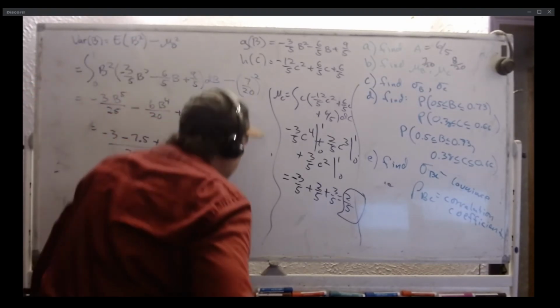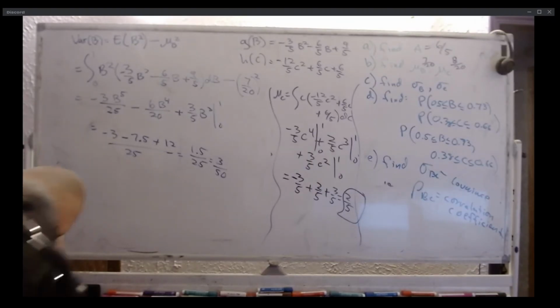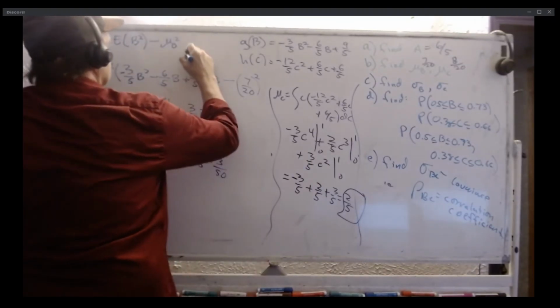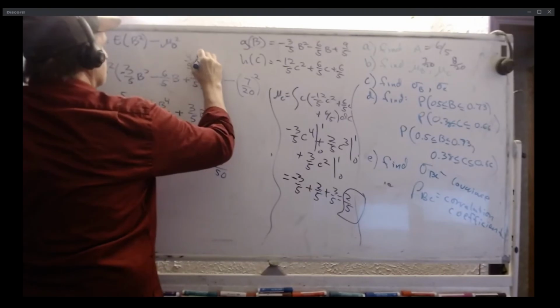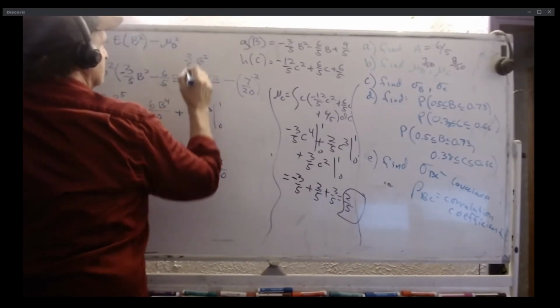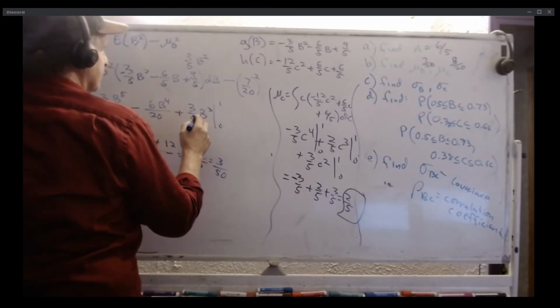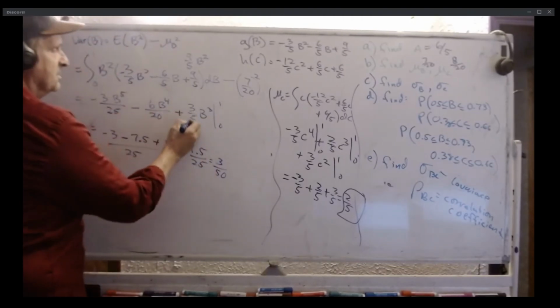I ended up getting 9 out of 50, but I had a question. You have 3/5 B cubed, but when you are integrating that, since it came from 9/5, wouldn't it be 9 over 15 or 3 over 15? Or sorry, 9. Yeah, 9 over 15 is 3/5, right?